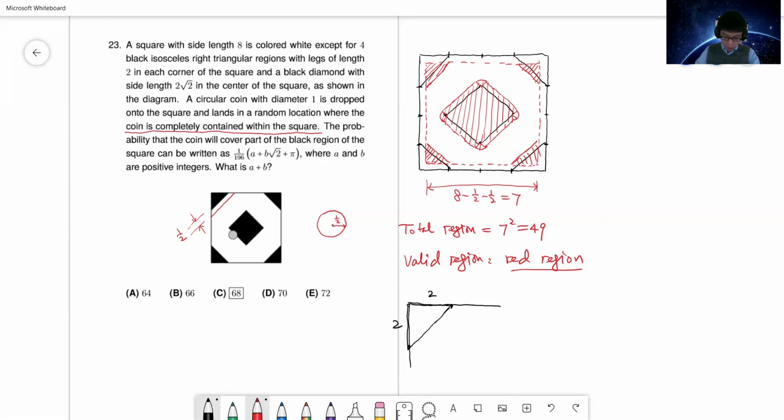And this red piece, we shrink by 1/2. And here we draw the distance 1/2. The red line is 1/2 from the hypotenuse of the isosceles triangle.